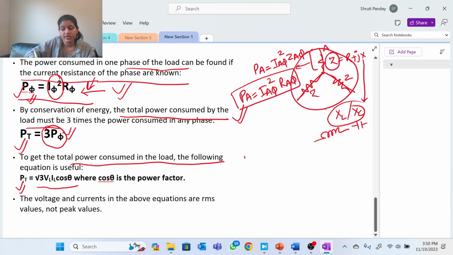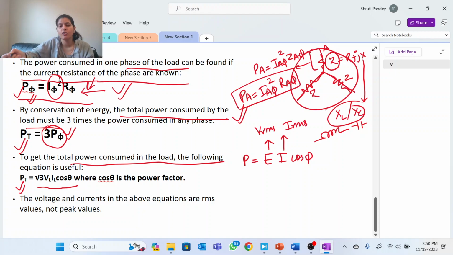So you know that before this we studied that the power was EI cos theta, right? Where E was RMS value of V, I was RMS value of current, and cos theta was power factor, complete cos theta, and this theta was power factor angle, right?